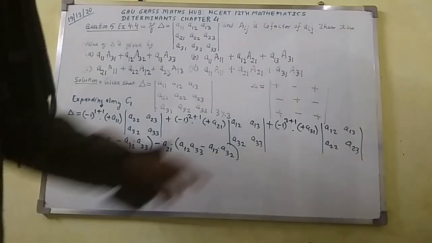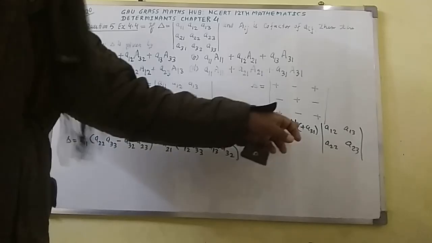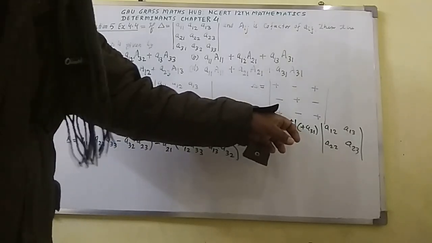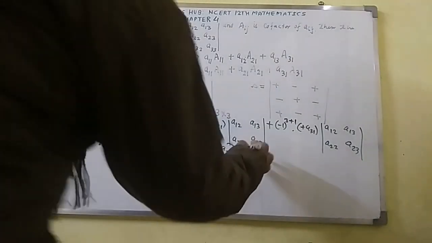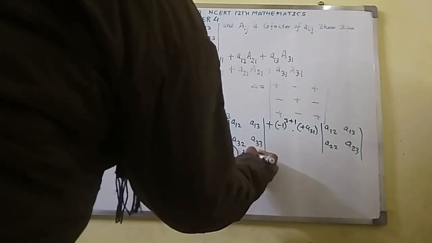Now here you can see minus 1 raised to power 3 plus 1 comes out to 4. Minus 1 raised to power 4 comes out to 1. So here I shall write plus A31.